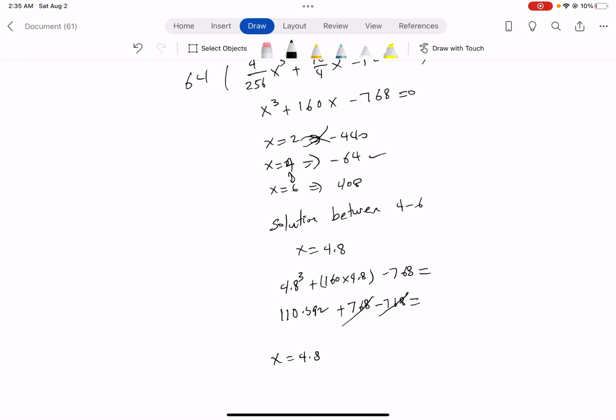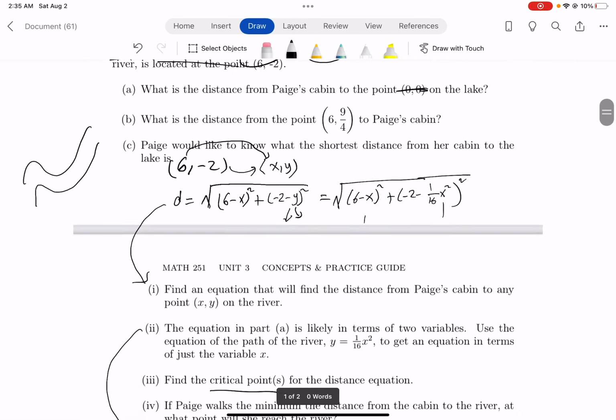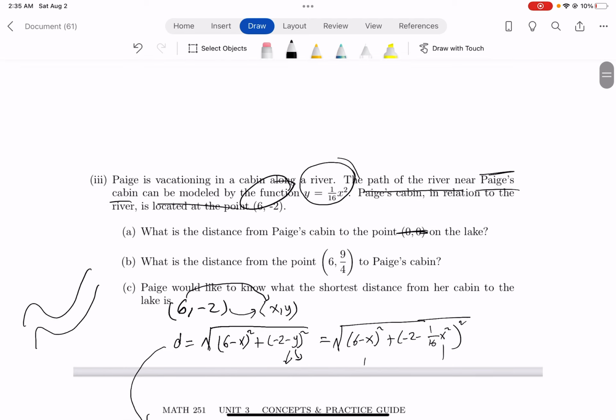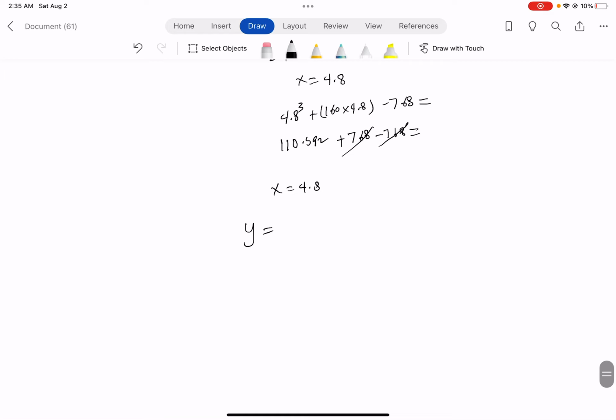Okay, so if you want to find the exact point on the river, you should find y. Remember the y on the river? It is 1 over 16 x squared. If you find the x that will give you a 0 answer, it's 1 over 16 x squared.